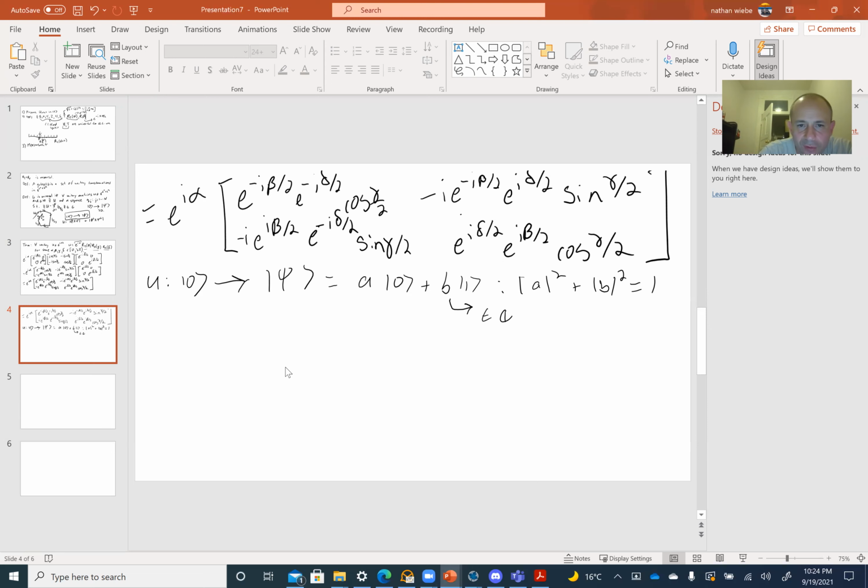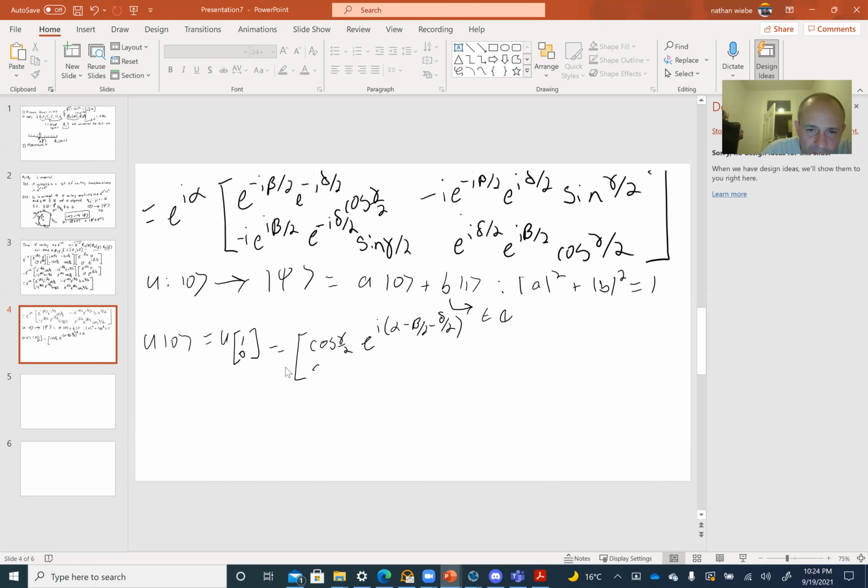Now, if we have this, then what do we have? Well, just by equating this, we have that U acting on 0 is just U acting on 1, 0. And then by matrix multiplying all of these, we end up having that this is equal to cosine gamma by 2, e to the I alpha minus beta over 2 minus delta over 2 for the first component.